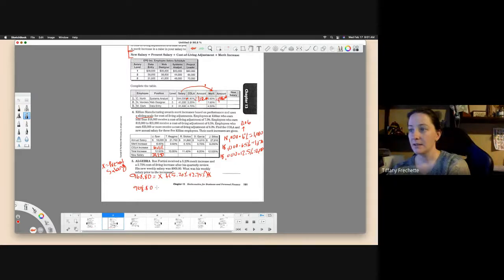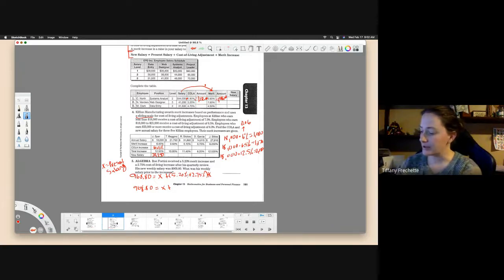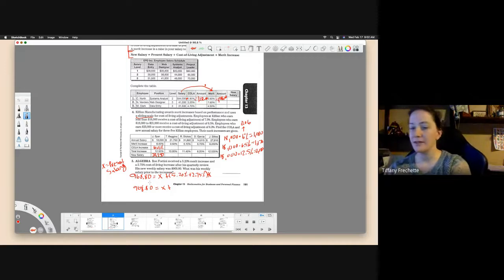So we want to combine these. 968.80 equals X plus, and we want to combine these. And I'm going to move the decimal over as I combine these. So 5.2 plus 2.75, and I'm just typing this into a calculator. So we get 7.95. I'm going to move it over so that it's a decimal. So I get 0.0795x. Now I can just put the x with the number.